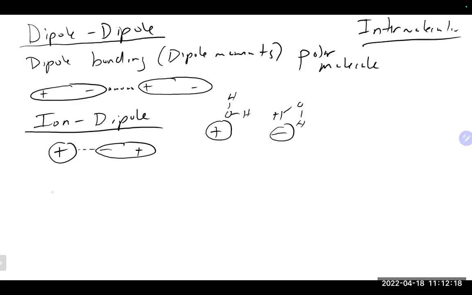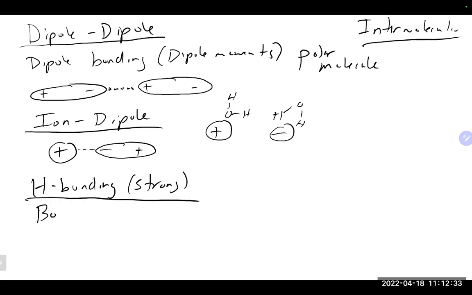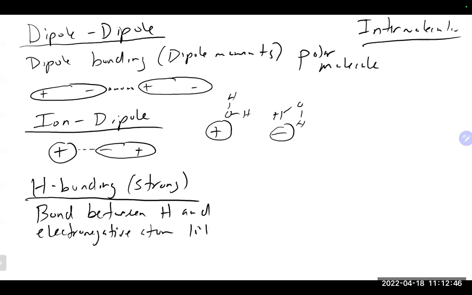A special type of dipole interaction is one that is known as hydrogen bonding. And it is a relatively strong dipole interaction, kind of the strongest you could have. And that is a bond between hydrogen and an electronegative atom like nitrogen, oxygen, and fluorine.